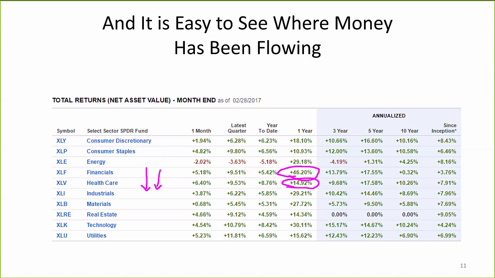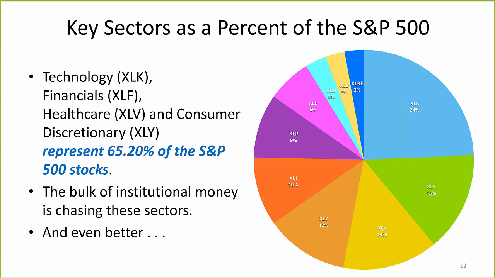So the other thing to keep in mind here is the key sectors as a percent of the S&P 500. A lot of times people say, oh yeah, the S&P 500 is so balanced. It's not. That's a lie. And if you look at this, tech, okay, represents 24% of the S&P 500. It used to be energy, but energy has gotten destroyed. So now energy only represents 6% of the S&P 500. I don't know if you knew that.